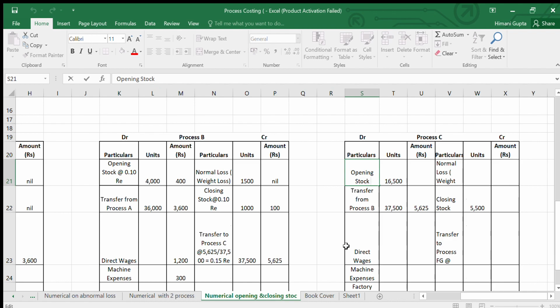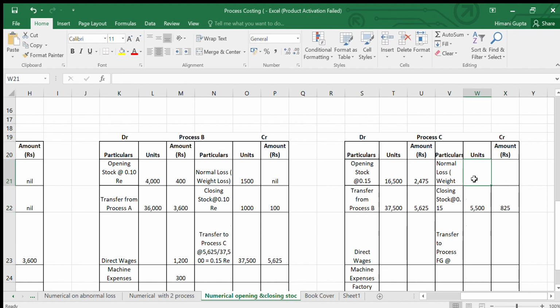So process B rate was 0.15, so it will be calculated at the rate of 0.15. Multiply 16,500 with 0.15, you are going to get 2,475. And if you multiply closing stock with the same rate, you will get 825.